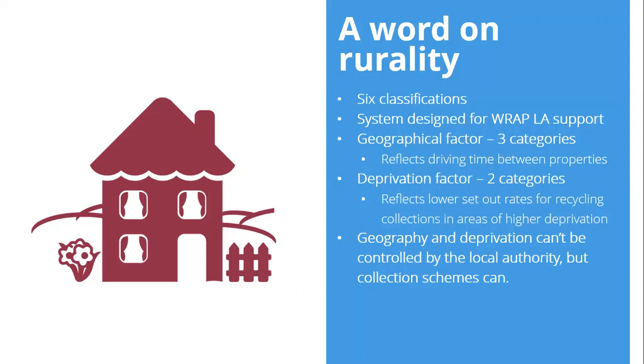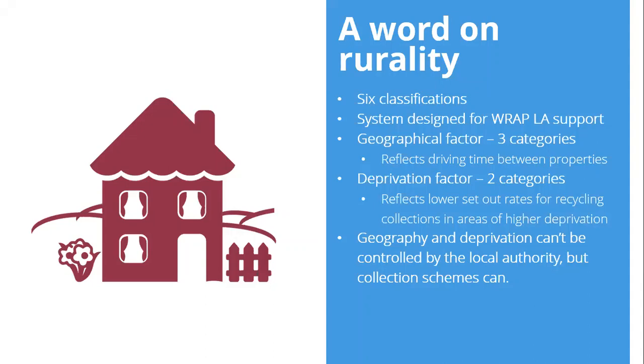So you'll be looking at an urban authority, a mixed rural-urban authority, or a predominantly rural authority. The reason we've selected this as a factor when describing our different authorities is that we know that the driving time between properties can be very variable between a very urban setting and a very rural setting.